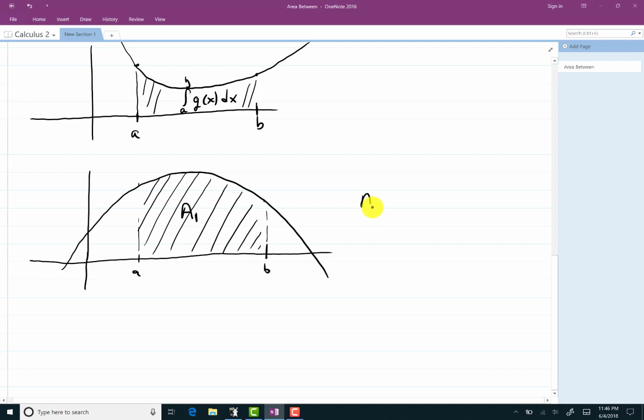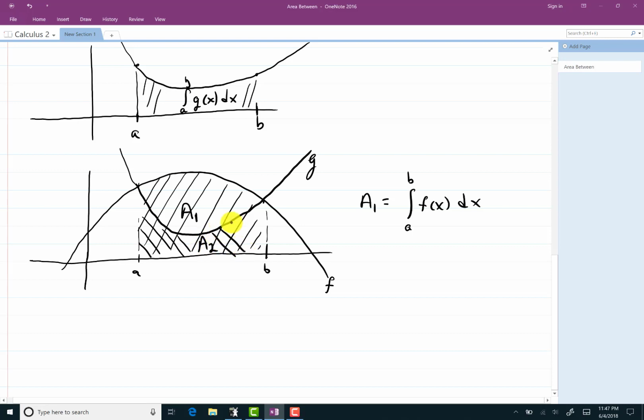So we know a1 equals the integral from a to b of f of x dx. Now then g of x comes through here. I know it's not exactly the same as before, but there's g, and it's got its own area, and its area down here is given by a2, I'm going to call it.